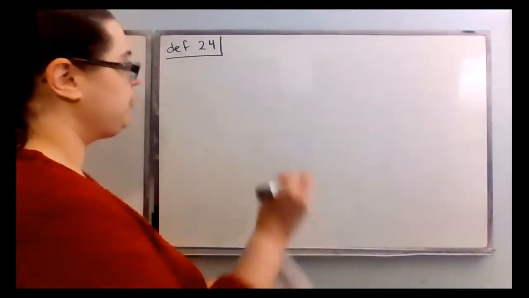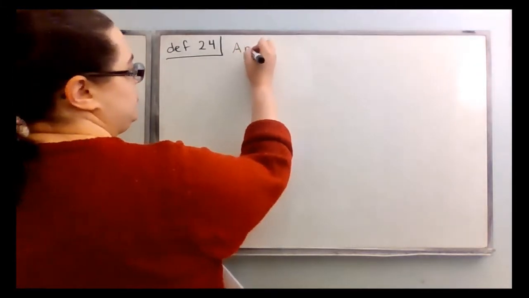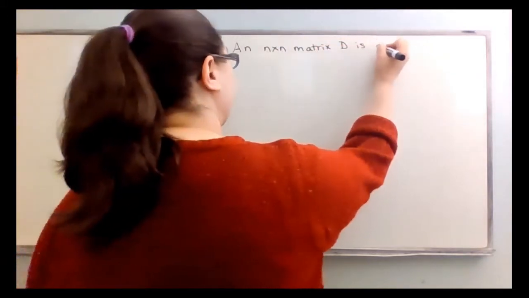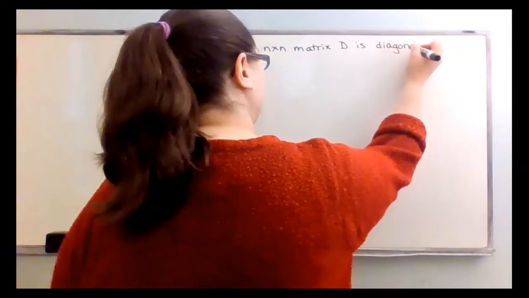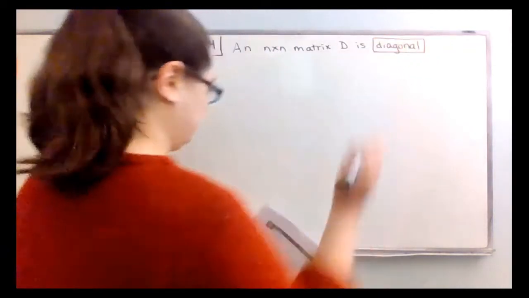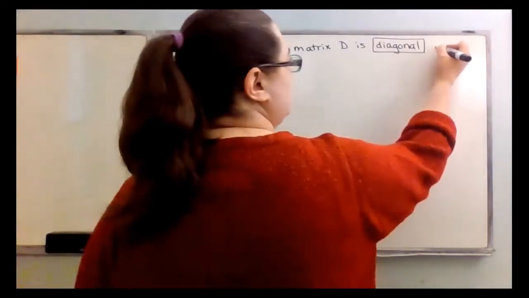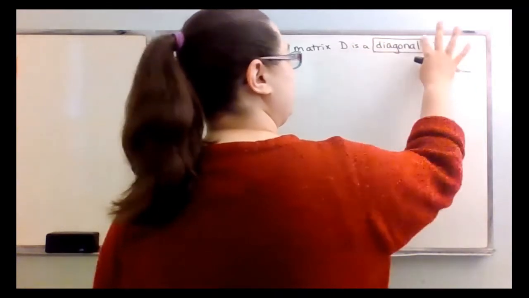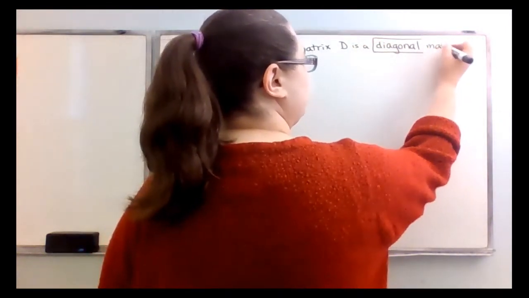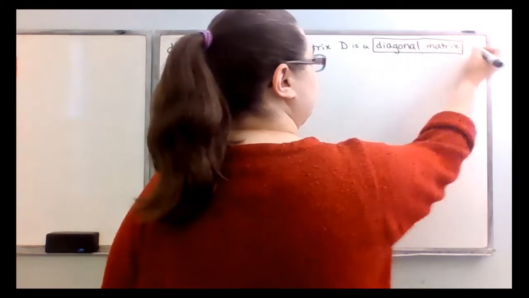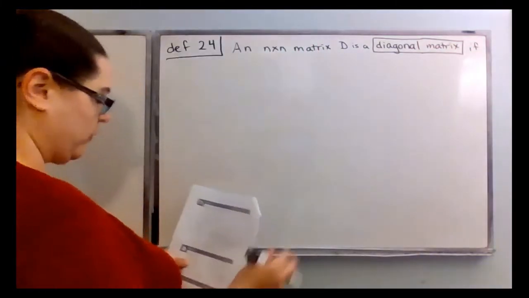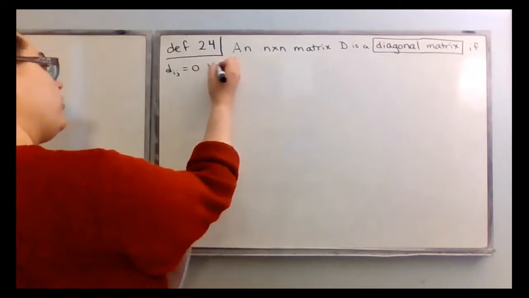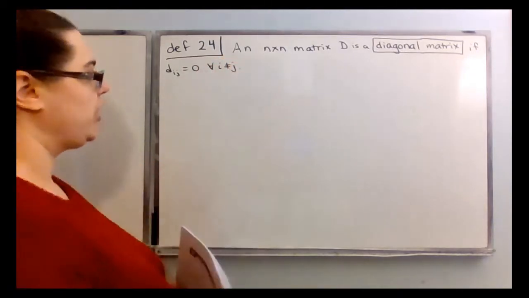So we're going to start out with an n by n matrix D. It is a diagonal matrix if Dij is equal to 0 for all i not equal to j.